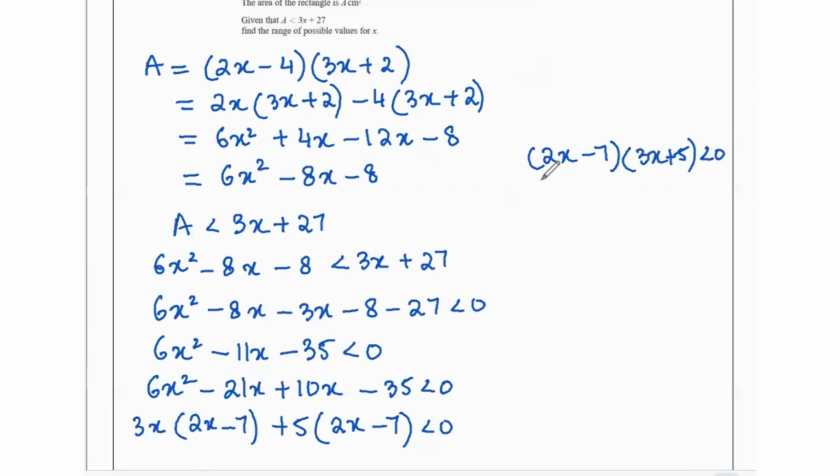Now we're going to use the same concept that we use in the quadratic inequality question. We're going to draw our rough graph to understand the behavior of our intercepts. So this is going to be negative 5 over 3, and this is going to be 7 over 2.